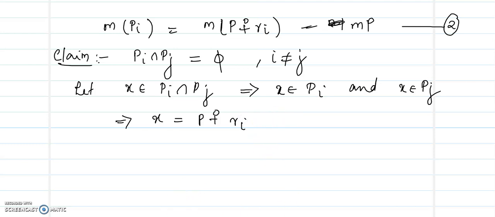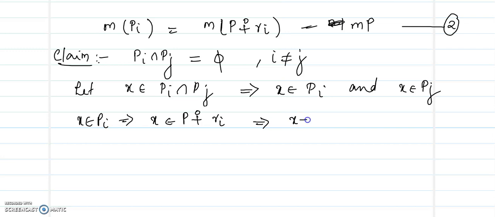So x belongs to Pi, which means x belongs to P sum modulo 1 Ri.